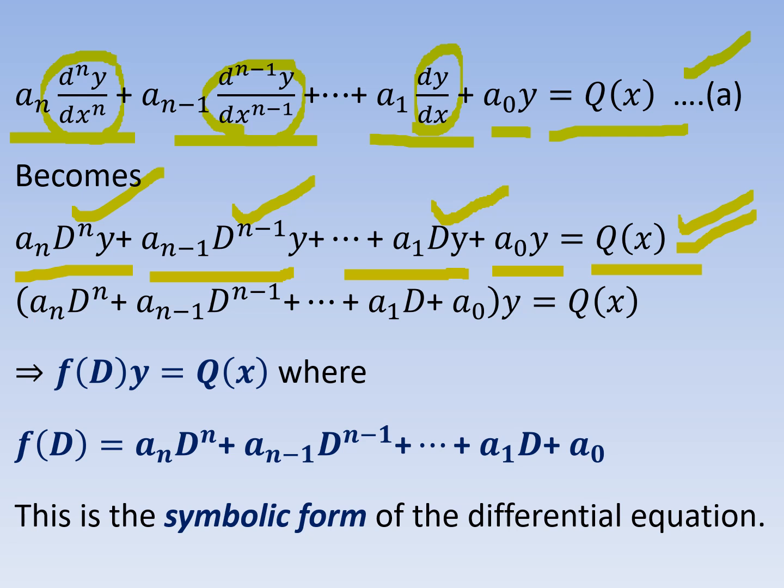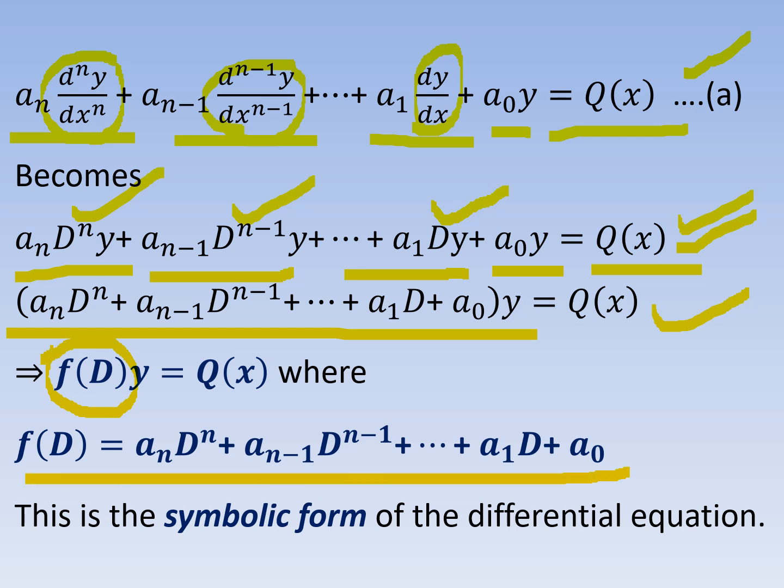Now in this equation, from the left hand side, we can take out y as common. Thus we get the equation an times D power n plus an minus 1 times D power n minus 1 plus so on plus a1 times D plus a naught, applied to y, is equal to q of x. Now in this equation, the bracket term is denoted with f of D. Thus we get the form f of D y is equal to q of x, where f of D is equal to an times D power n plus an minus 1 times D power n minus 1 plus so on plus a1 times D plus a naught.